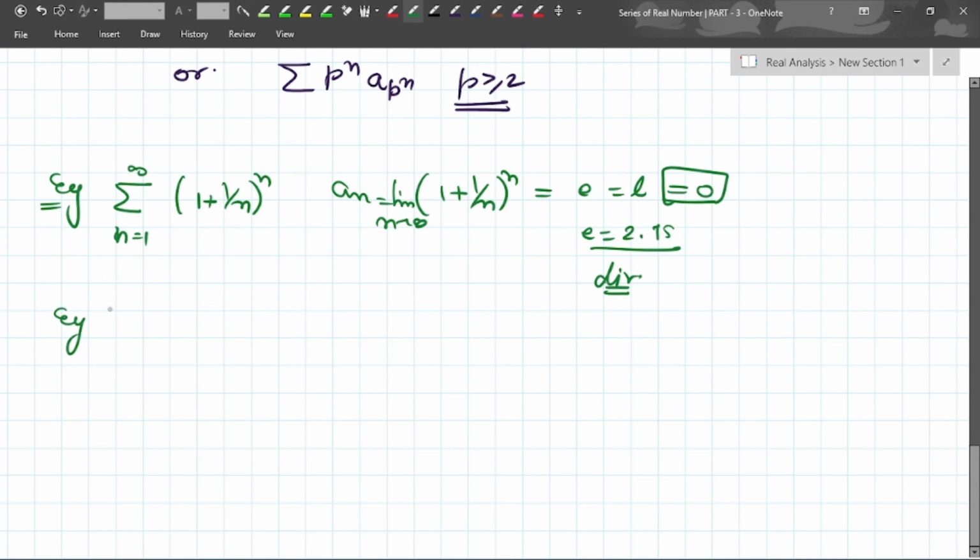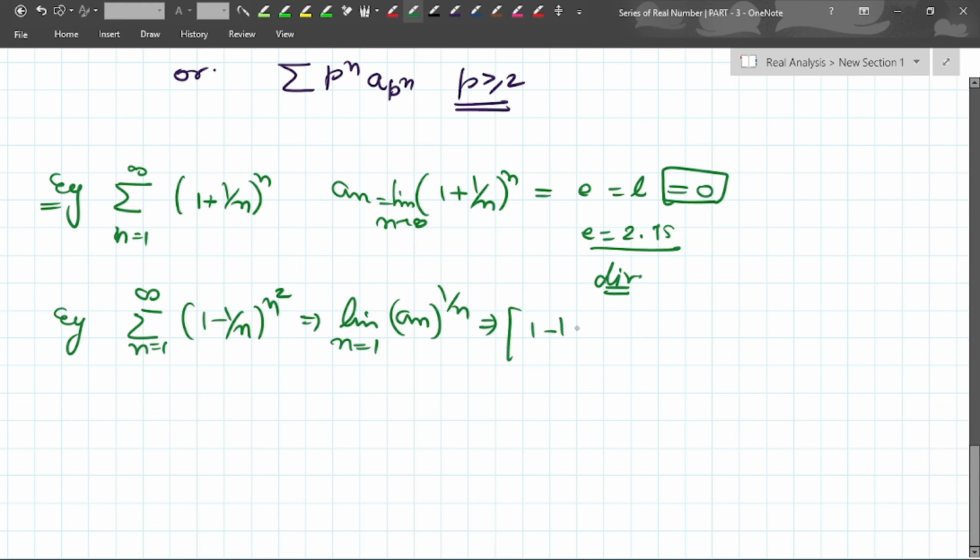Now, if you have an example like this, summation n equals 1 to infinity of 1 minus 1 upon n, power n square, and you apply the root test with n tending to infinity. Wait, it is n square. Then you apply an power 1 by n.